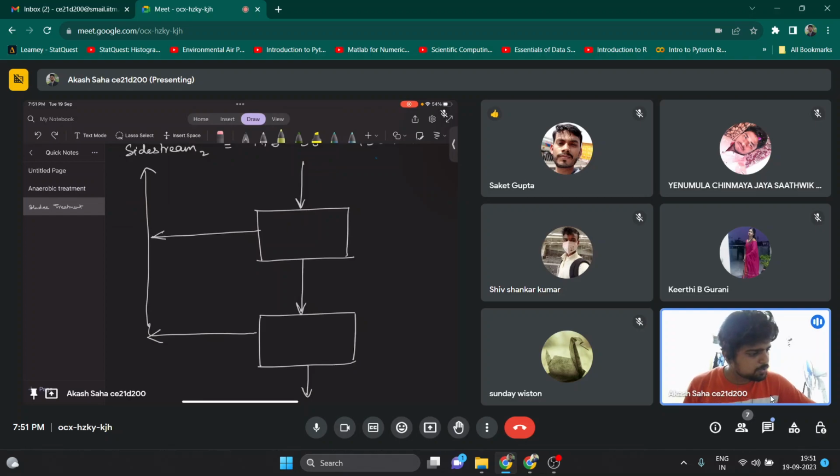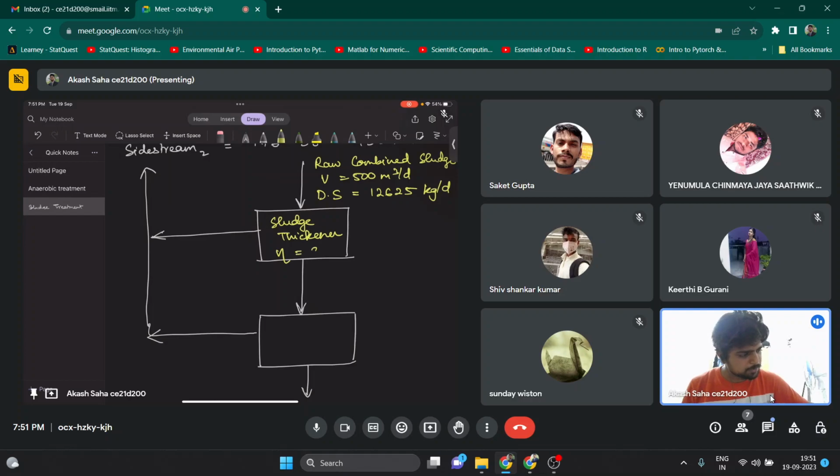Okay, so suppose this is the raw combined sludge that is coming into the system. The volume was 500 meter cube per day, and the dry solids content was 12,625 kg per day. Now it is first going into the sludge thickener. So the efficiency of solids capture was 85%.